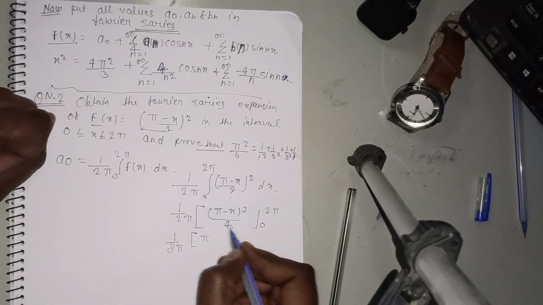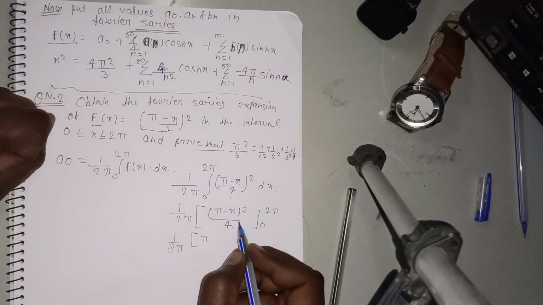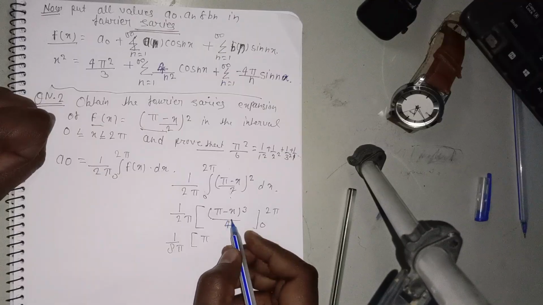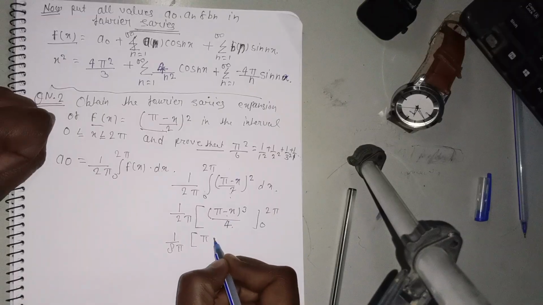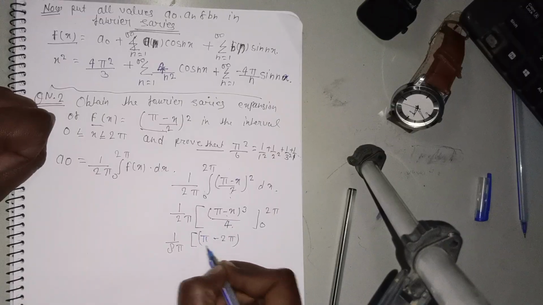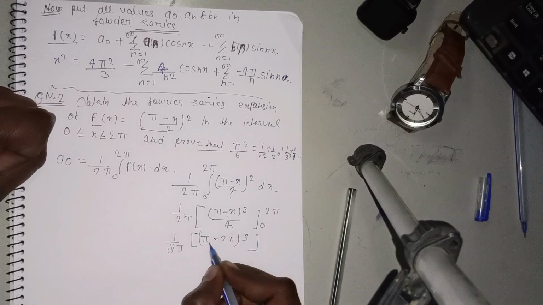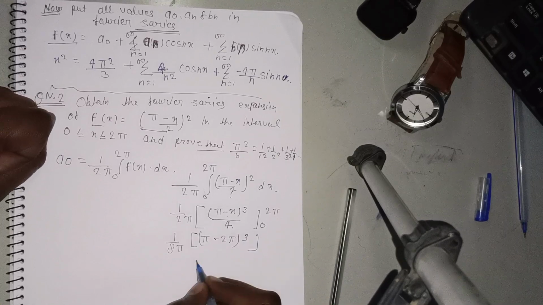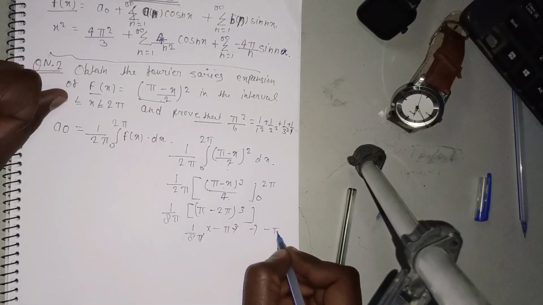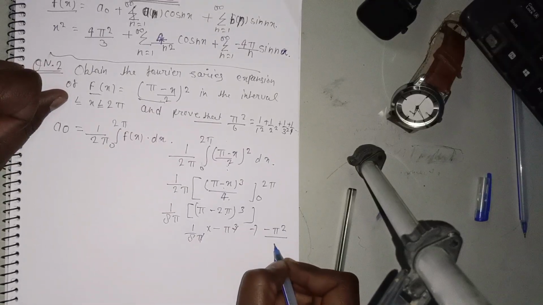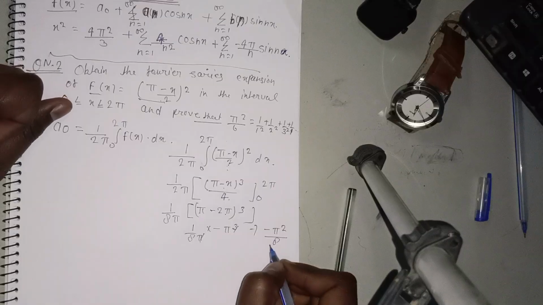Then pi minus 2 pi whole cube, and pi minus 2 pi is minus pi only. So 1 upon 8 pi into minus pi whole cube. So pi and pi cancel, which means it is actually minus pi square upon 8.